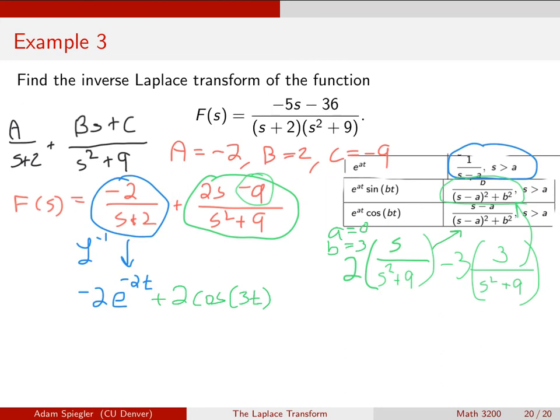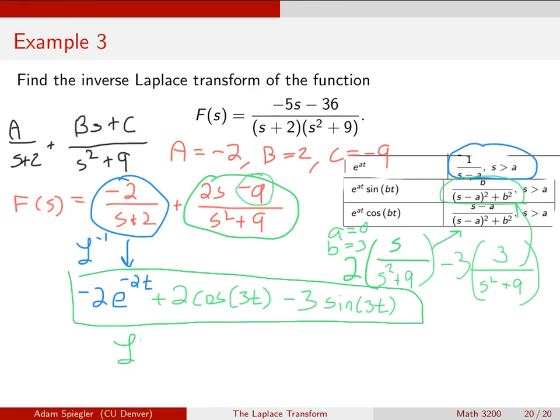And then for the other piece, we've got this minus 3, and then what we have is e to the 0t times the sine of 3t. So altogether, our inverse Laplace transform of this function F that we started with would be minus 2 e to the minus 2t plus 2 cosine of 3t minus 3 sine of 3t.